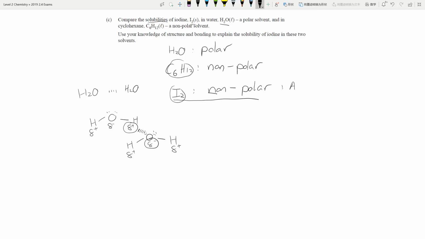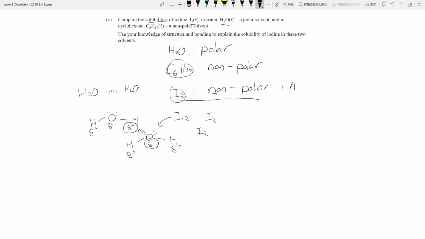Okay, so why doesn't I2 dissolve in this? You put a bunch of I2s, lots of I2s, into here, and the water molecules are charged in a way, and they look at the I2 and say, you're neutral. You are not a very interesting molecule.